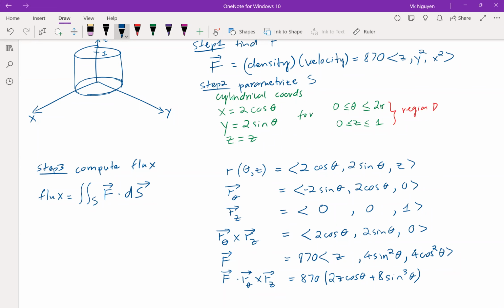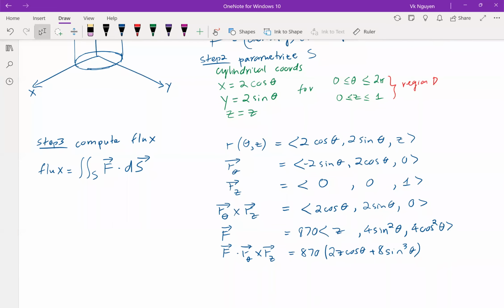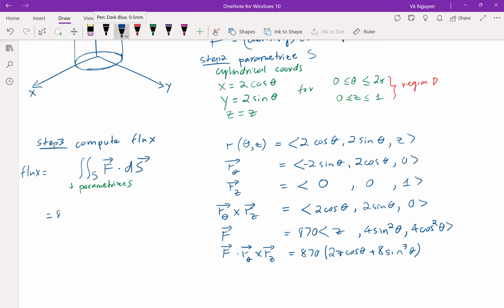Okay. Next step is gonna be plug it in here. Parameter S: 2z cosine theta plus 8 sine cubed theta dA.